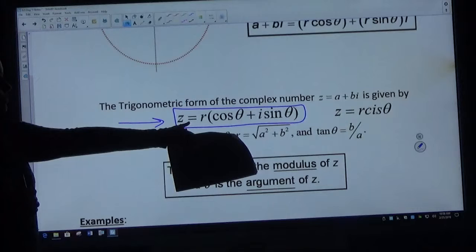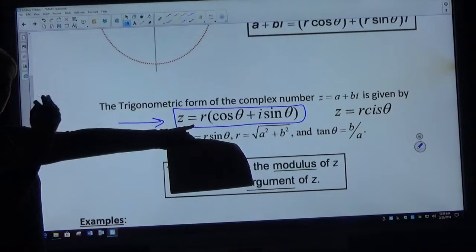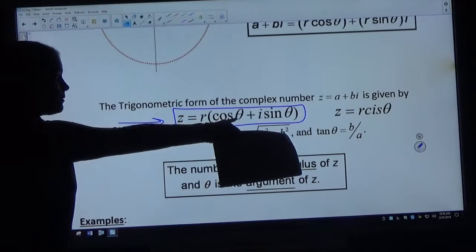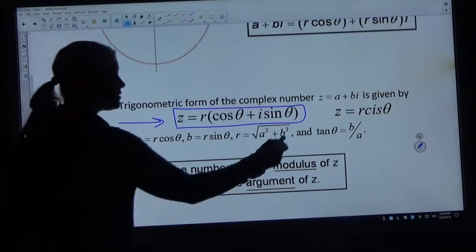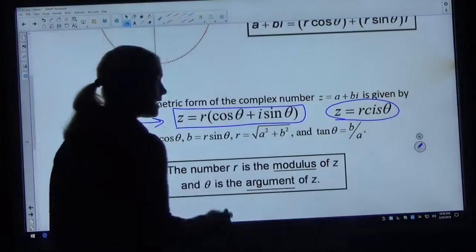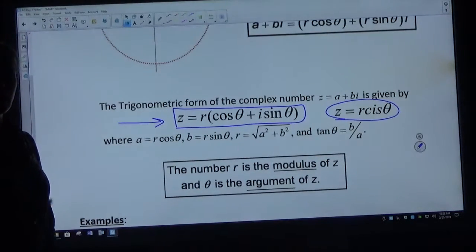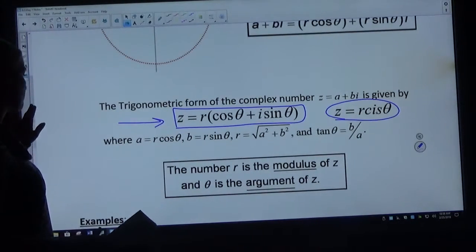So we're looking for an r, which is going to be the actual distance, and then we're looking for an angle in order to make that conversion. Now, this form right here is sort of a fancy way of writing the form that we're going to look at, and I'll get back into that in a little bit.